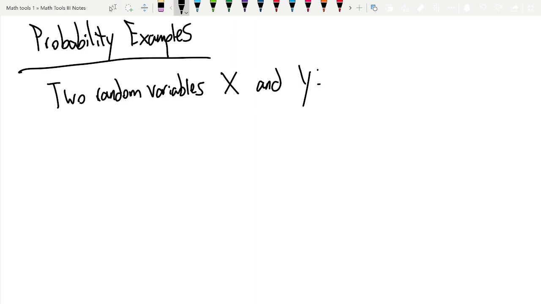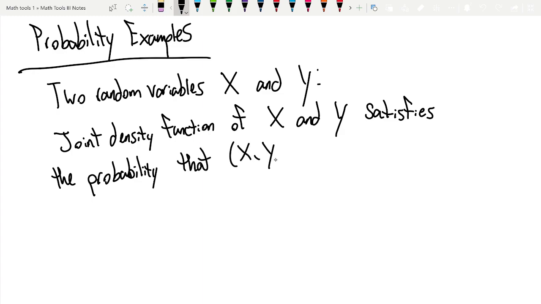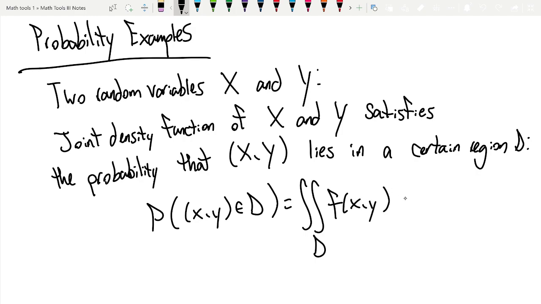So if we have two random variables x and y, then we would say that the joint density function of x and y satisfies the probability that (x, y) lies in a certain region D. And the way we would write this is that the probability that some (x, y) point is in D is equal to the double integral over D of f(x, y) dA.